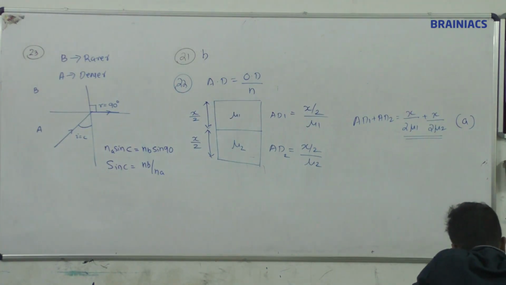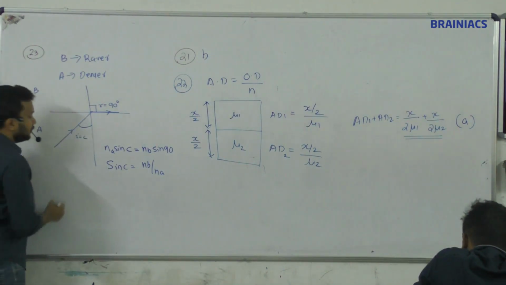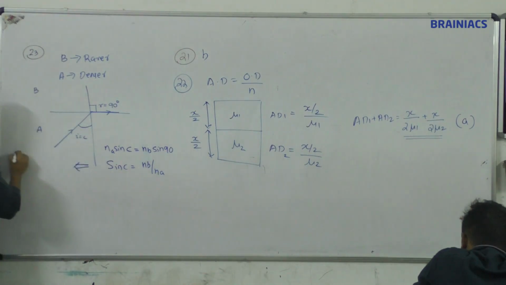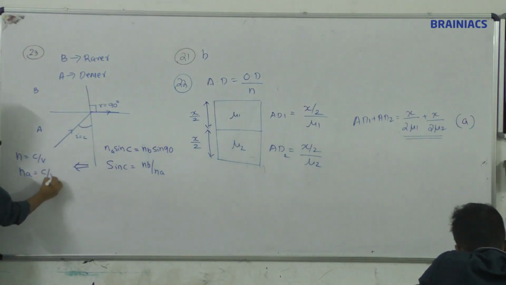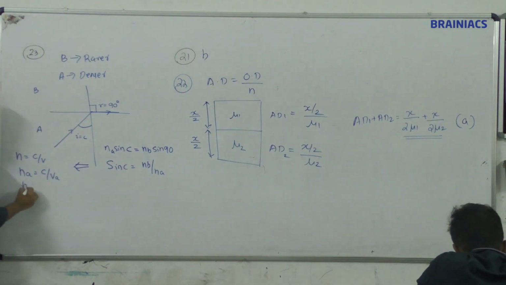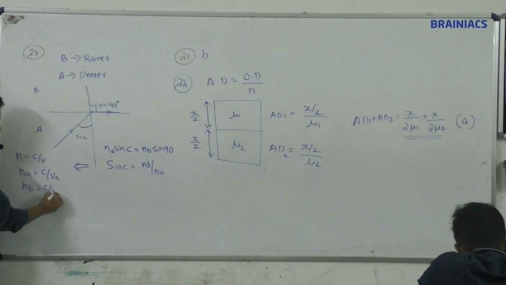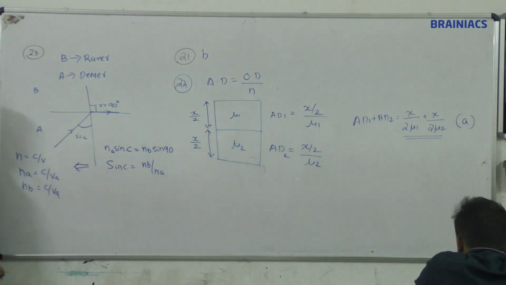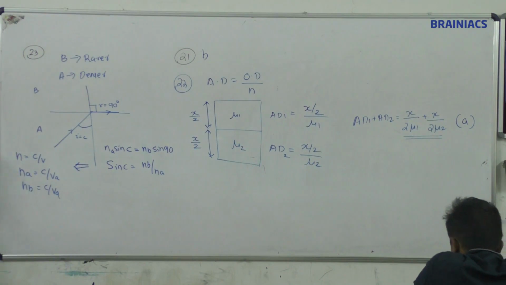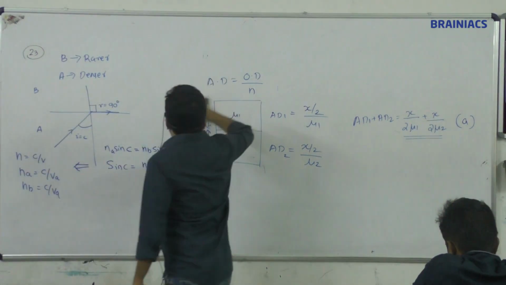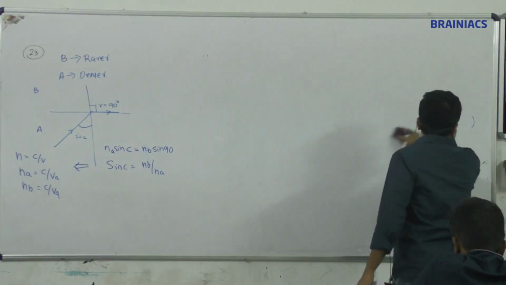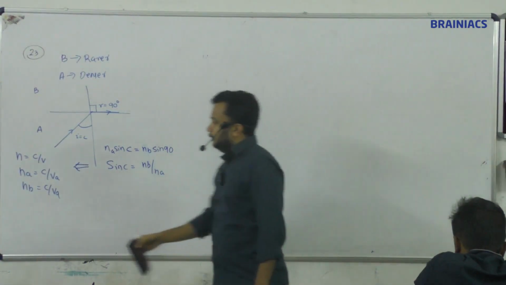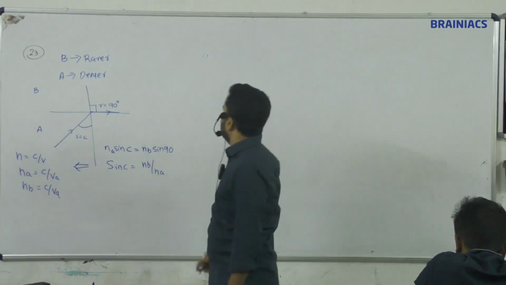But I know a formula for refractive index in terms of velocity, that we read. n is equal to c by v. Now nA is equal to c by vA, nB is equal to c by vB. We'll substitute here and see what comes.